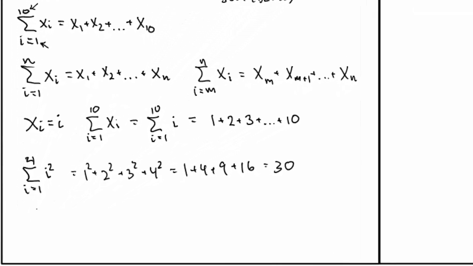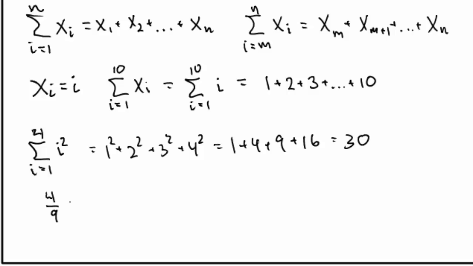So for example, if I have 4 over 9 plus 5 over 9 plus 6 over 9 plus 7 over 9, and I want to write that as a sum, I can't write i goes from 4 over 9 because the indices in the sum must be integers, but I can write i goes from 4 to 7, and in the summation sign I can write i over 9. That becomes precisely the sum on the left.